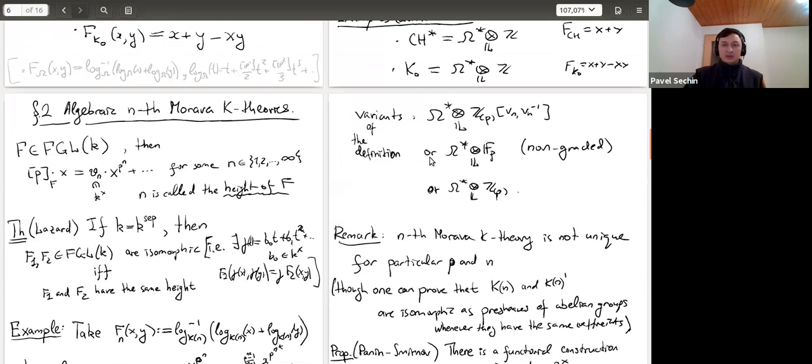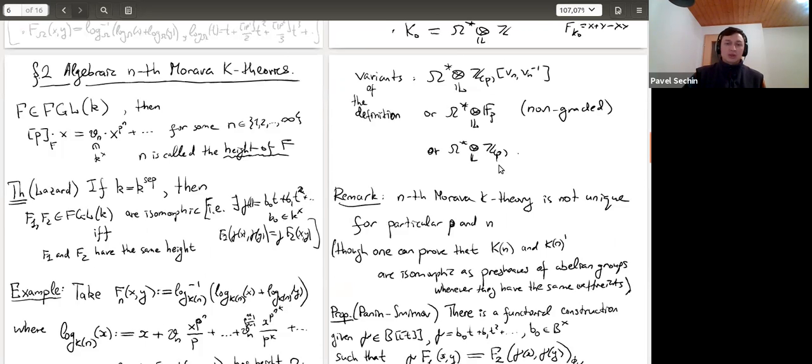Of course, there are variants of the definition where you can look at p-local coefficients, for example, which we will use, I think, in the application in the end. And you can look at a non-graded version by setting just v_n to 1, or you can look at a non-graded version over Z_p.